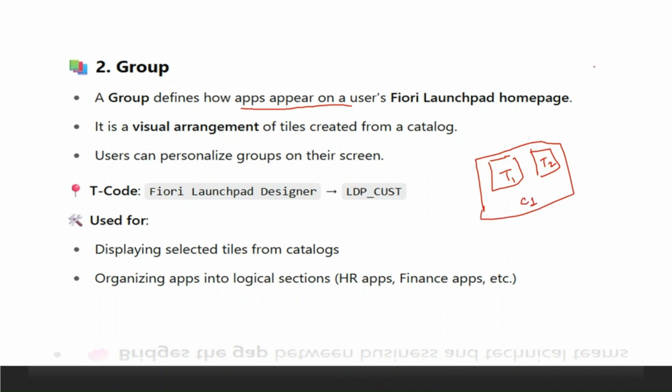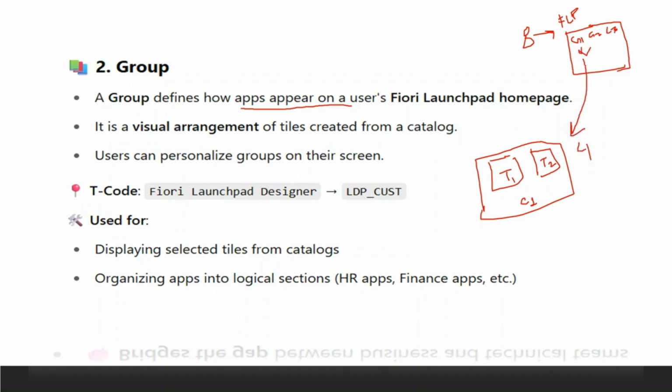Now suppose there's a user opening a Fiori Launchpad, FLP, I am giving a short form, and the moment he opens his Launchpad he will see groups: group 1, group 2, group 3. In group G1 I am providing access to this catalog C1.